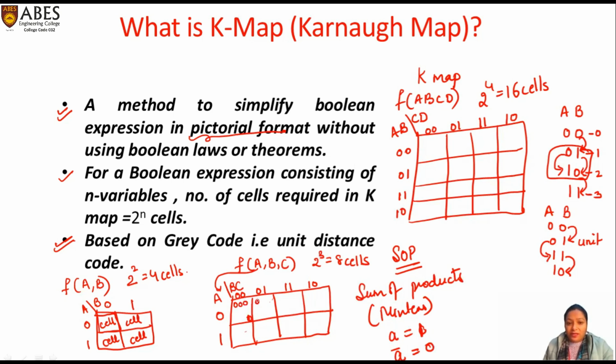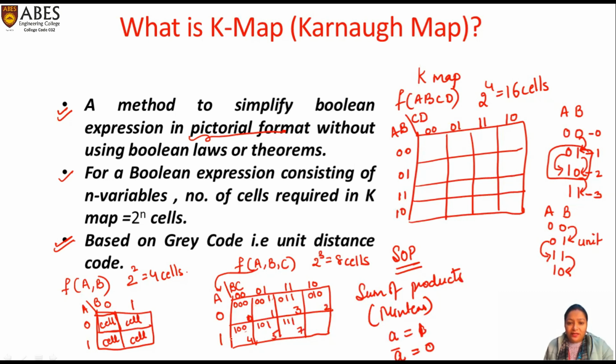What is the value here? 0, 0, 1. The decimal value is 1. Now here 0, 1, 1. This is 3. 0, 1, 0. This is 2. Similarly, what will be the value here? 1, 0, 0. That is 4. 1, 0, 1. That is 5. 1, 1, 1.